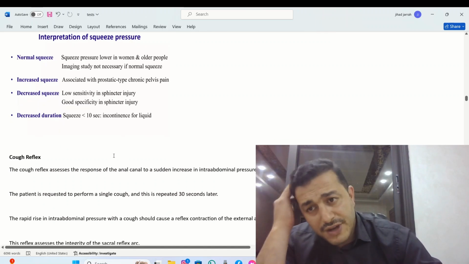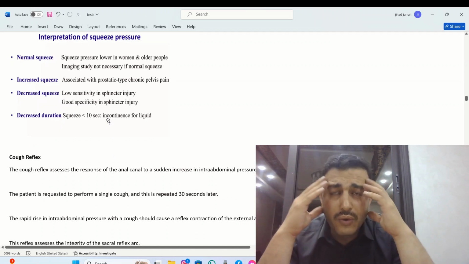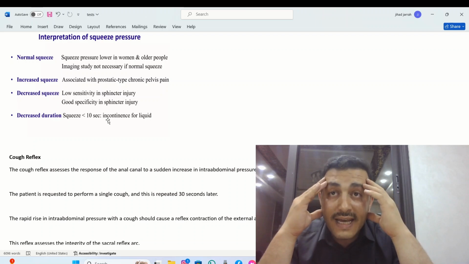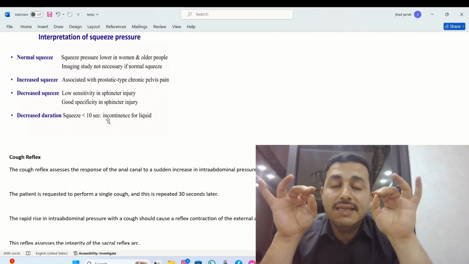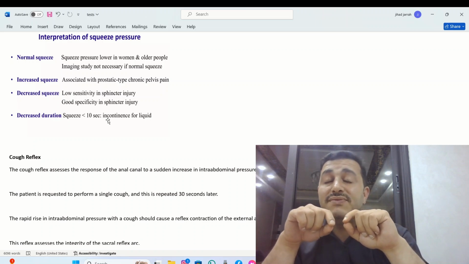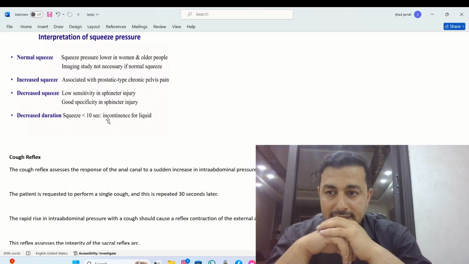With variation in the sensitivity and specificity. One of the nice pieces of information regarding sensitivity and specificity: sensitivity is the ability to detect the disease, while specificity is the ability to rule out the disease.